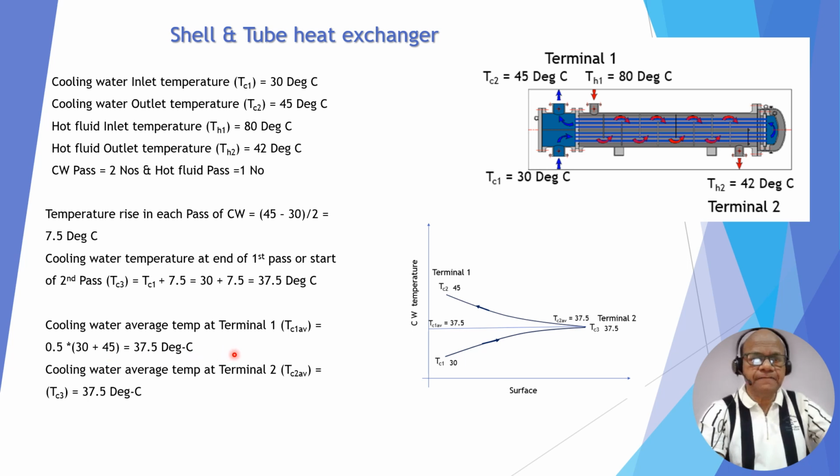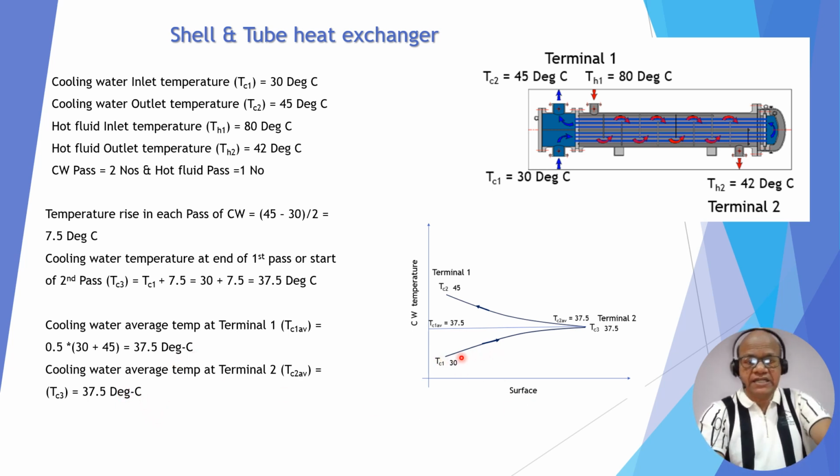So the cooling water average temperature at terminal 1 is 30 degrees plus 45 degrees divided by 2, which is 37.5, and terminal 2 will be the same, because of TC3, which is 37.5. So at both terminals you have the same temperature.